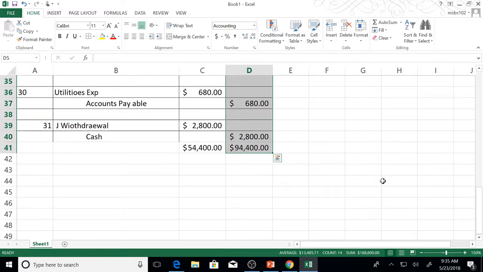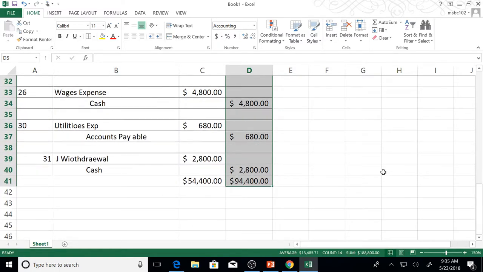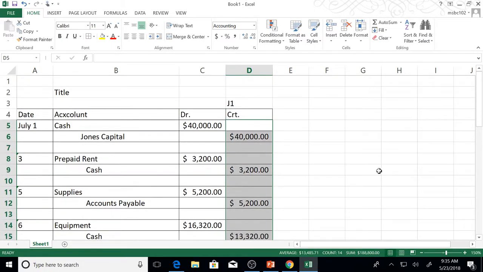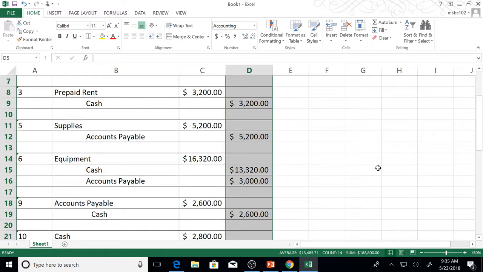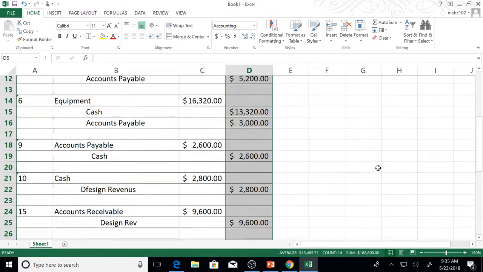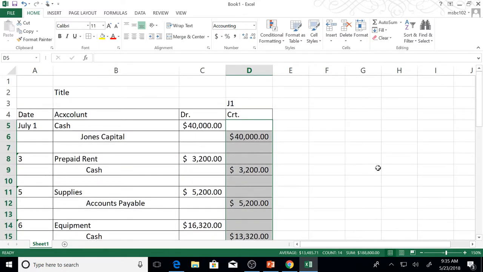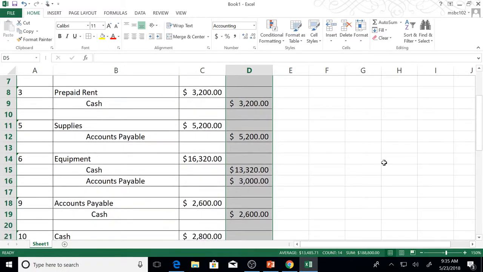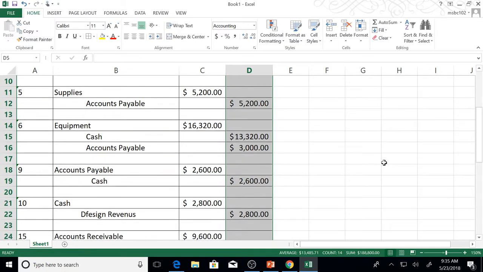Why do we have a different total? Let's see. 3,200, 52, 13, that's 16.